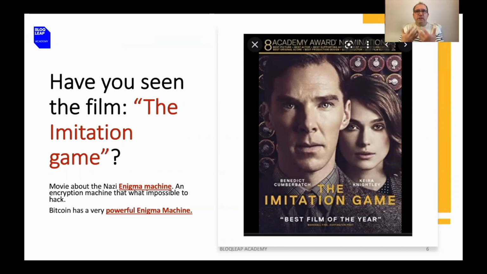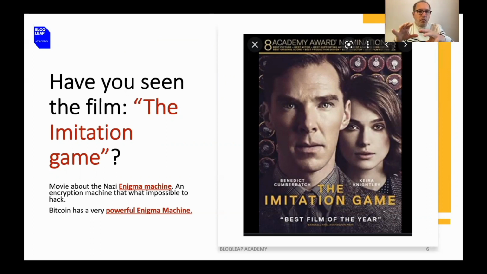If you saw the movie, you can see that it was a very powerful machine at that time that the Nazis were using. It was really, at the beginning of the war, impossible to crack. So when Hitler wanted to attack one country or whatever, he sent a message, and this message was so heavily encrypted, nobody could understand it, okay?